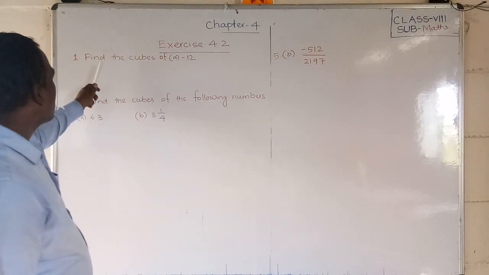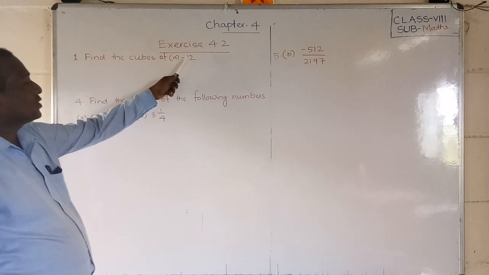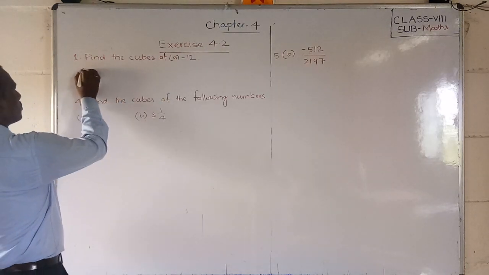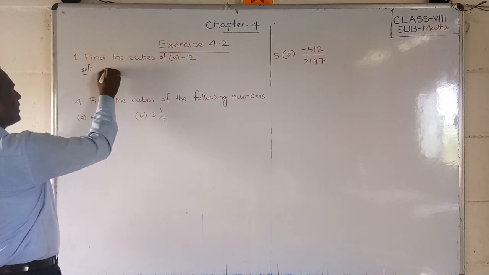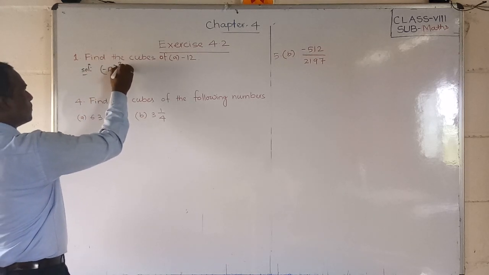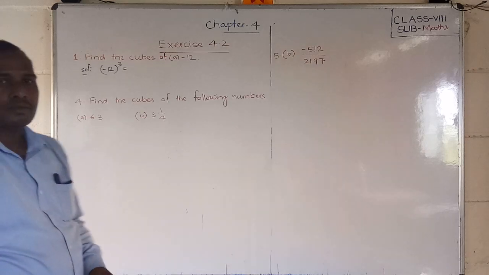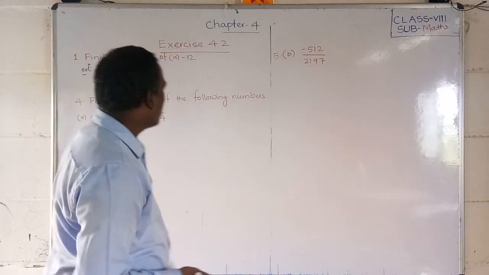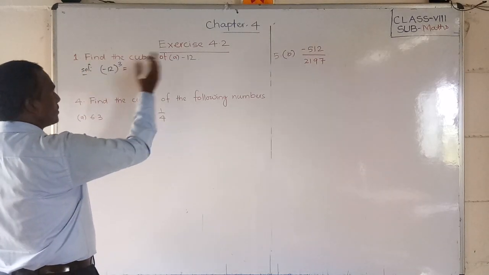See students, first question: find the cube of minus 12. Solution: minus 12 whole cube. Friends, I have already told you that the cube of a negative number is always negative, so the answer will come negative.